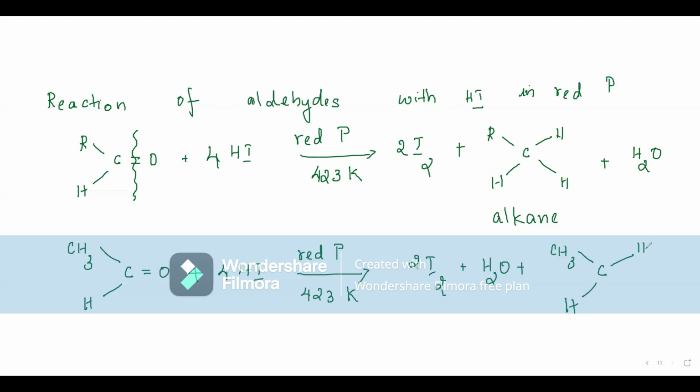You broke the double bonded oxygen. On that position, you are adding hydrogen. So you are getting CH3CH3. That is ethane. Ethane is the product. Now, that is all about reduction of aldehydes.